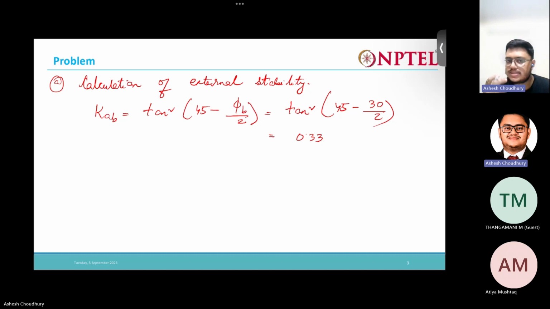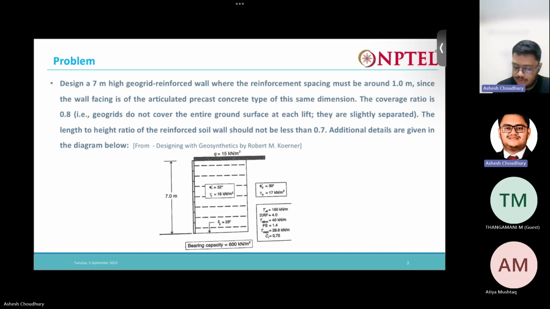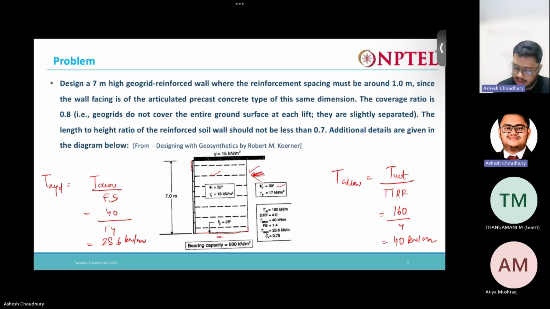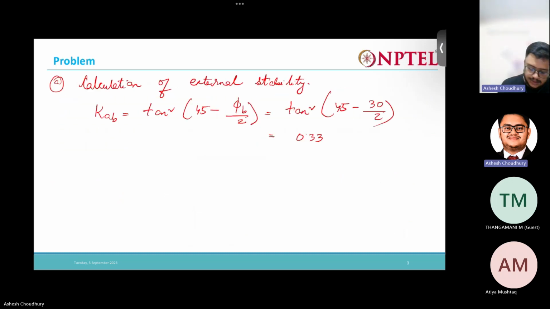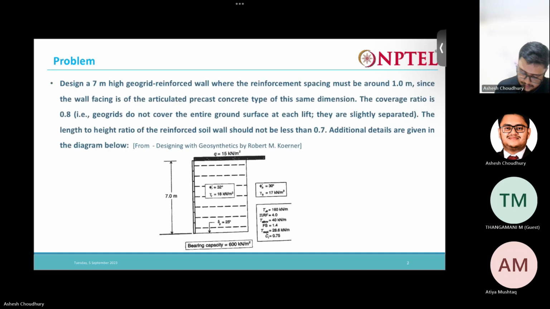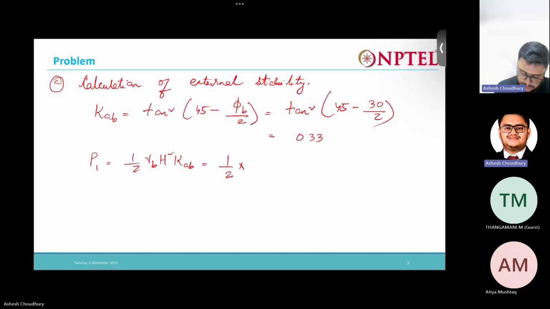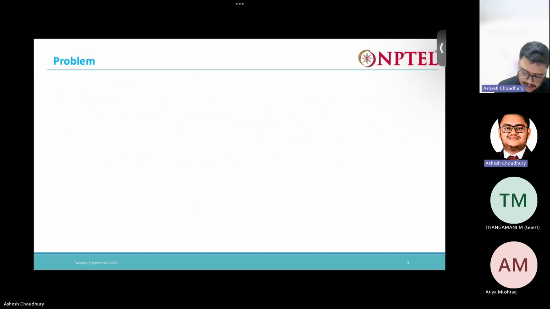The lateral thrust will be coming from two things. One is the weight of the soil, and the other is the surcharge. So from the weight of the soil, we get gamma B, which is 70, and H is the height.